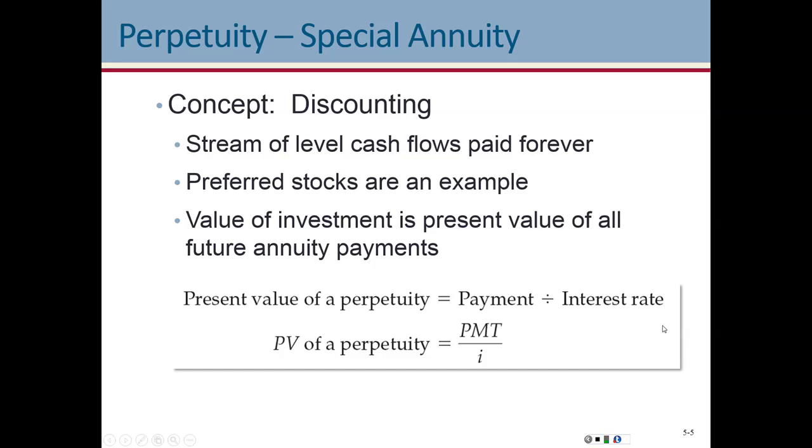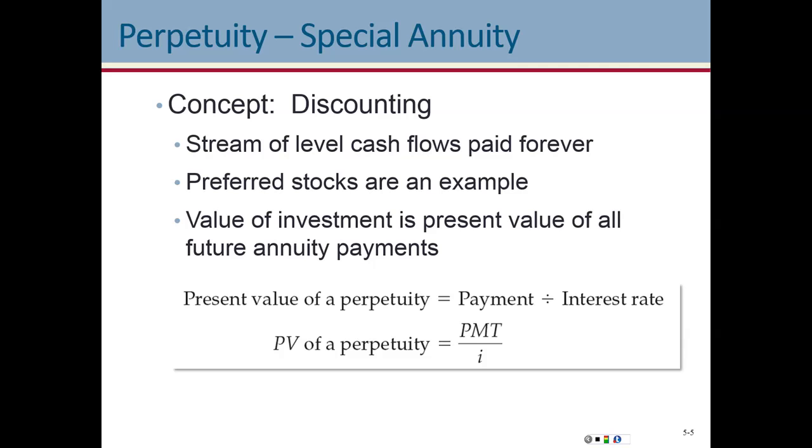Now, there's a special type of annuity called perpetuity. Before, when we were talking about ordinary annuities, we were saying that they pay exactly the same amount of money, with the same spacing time-wise, and it had an end. Now, perpetuities don't have an end. Perpetuities are paid forever. Stocks, for example, preferred stocks.